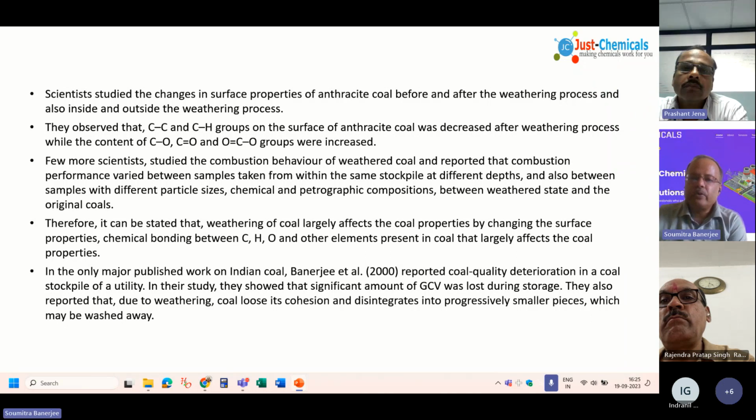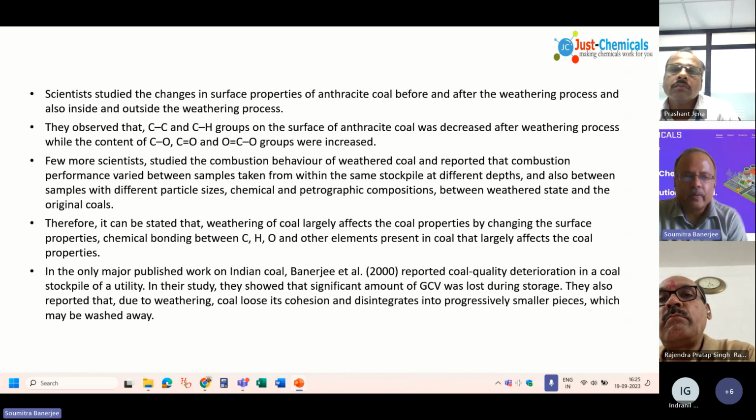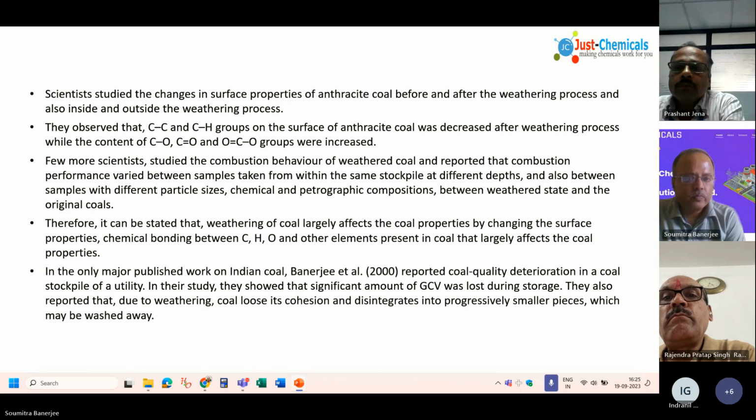So on the top it was different, at 0.5 meters it was different, at 1.5 meters it was different, and also between samples of different particle size. So the smaller the particle size, the higher the weathering. If you can understand, smaller coal will have higher weathering, smaller particle size will have higher oxidation.